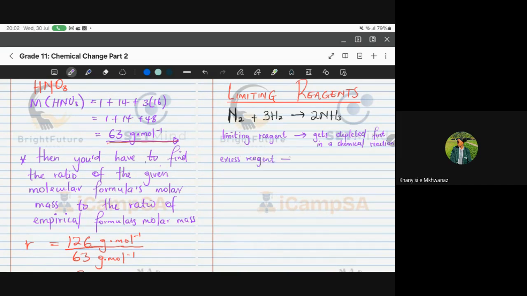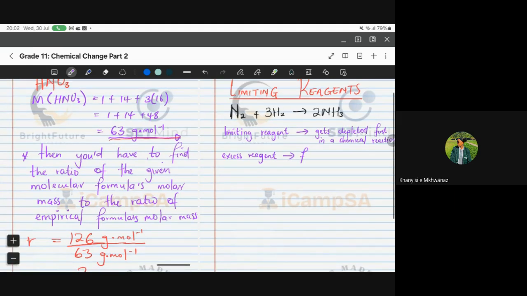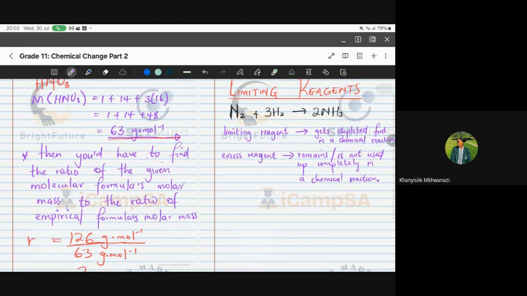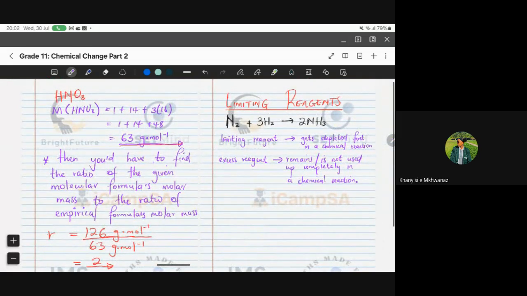The excess reagent is the remaining one, it doesn't finish last, actually, it remains, or is not used up in the reaction. Yes, that's how it would work.